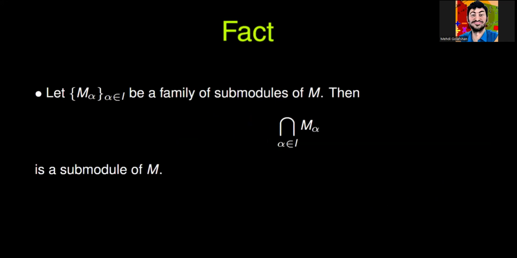Let M alpha be a family of submodules of M, where M is a left R-module. Then the intersection of them is also a submodule of M. It satisfies all the conditions of the submodules, and therefore this guy is a submodule of M.